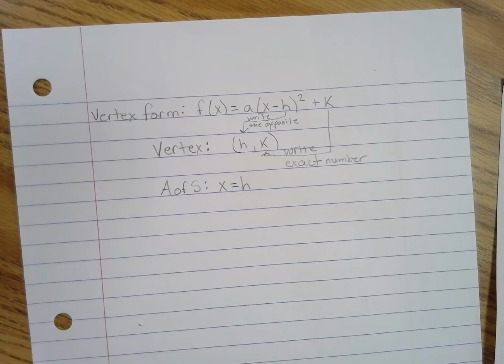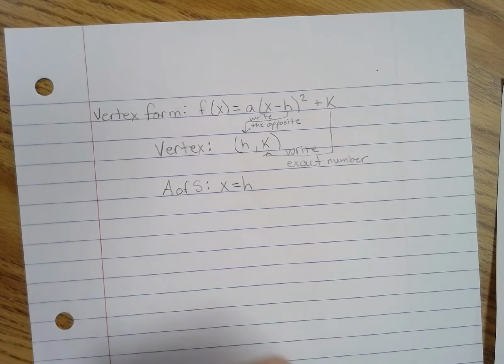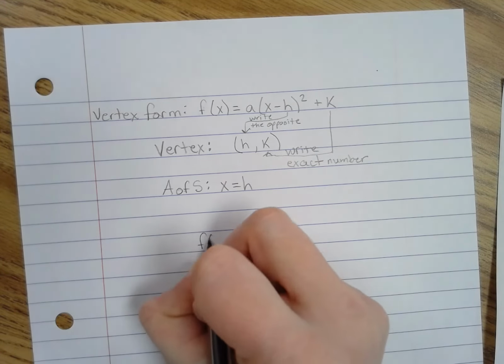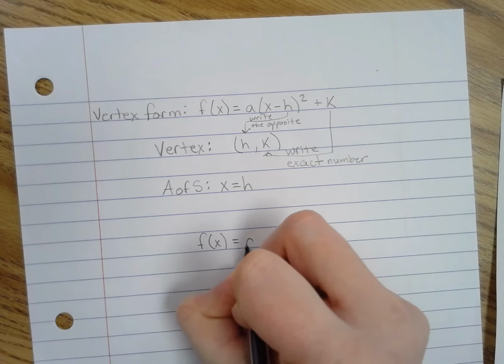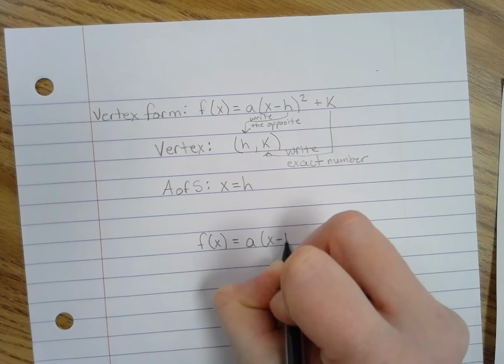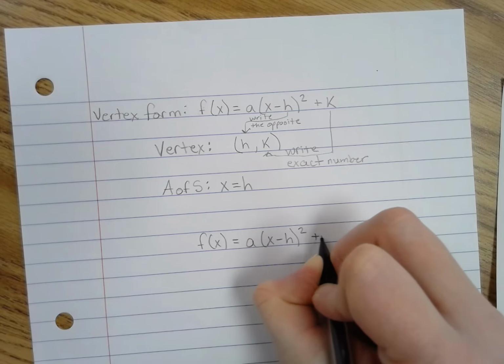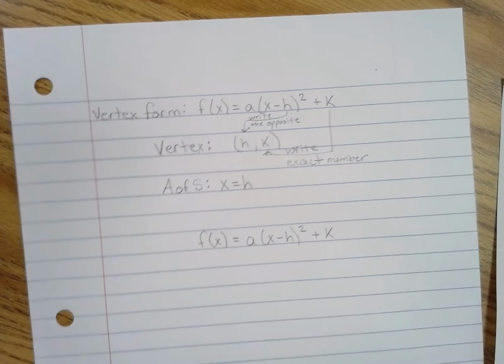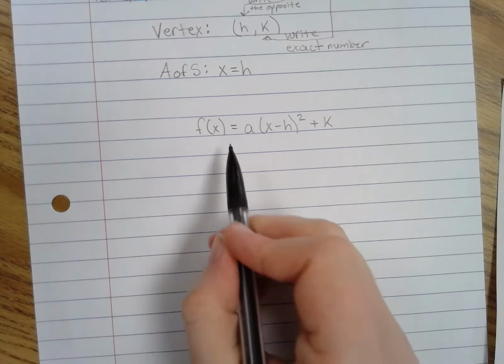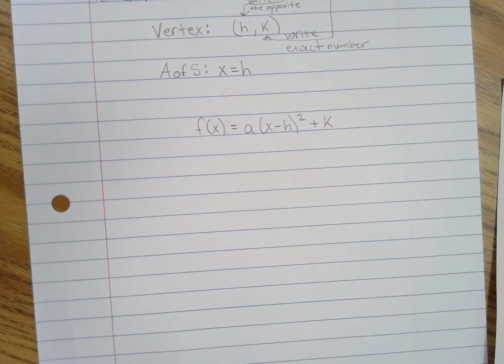Let's talk about a few things in this vertex form before we actually start working with any problems. So let's jot it down again. f of x equals a times x minus h quantity squared plus k. Let's talk about what each part of this function does when we're talking about graphing.